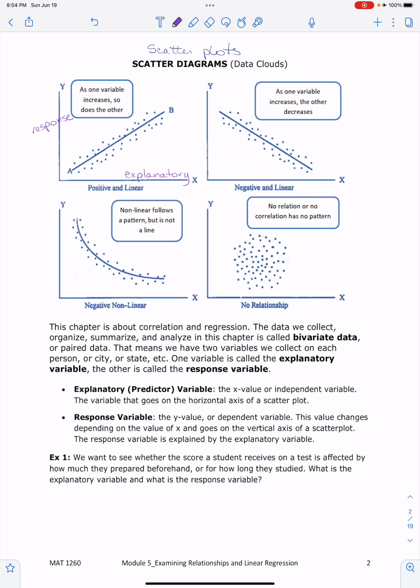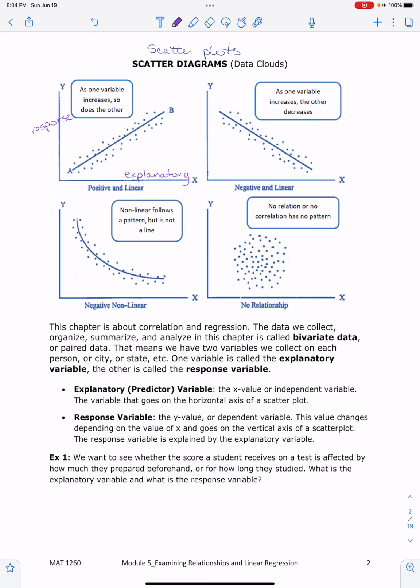It's definitely not a straight line, so it is possible to have a relationship that is there but is not linear. Okay, that is different than the bottom right graph where there is no relationship. So make sure you can differentiate between a relationship that is not linear versus a relationship that is not there. There is no relationship.